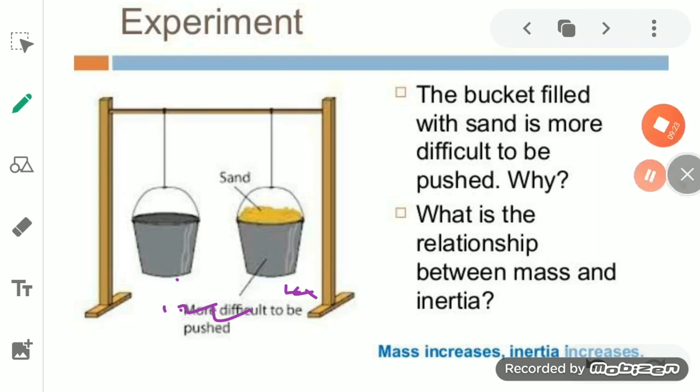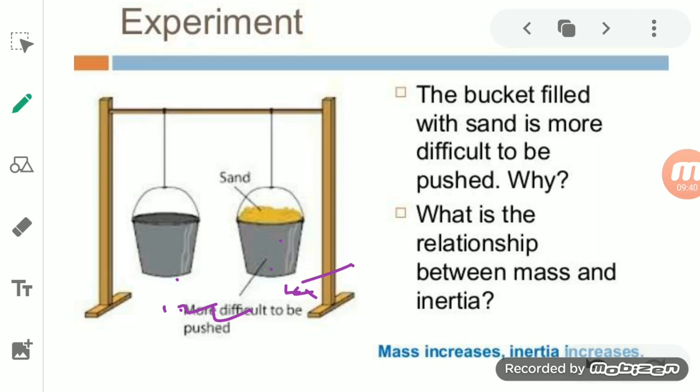So the more the mass of an object, the more the inertia. This bucket is filled with sand, so we have to apply more force to change its state.